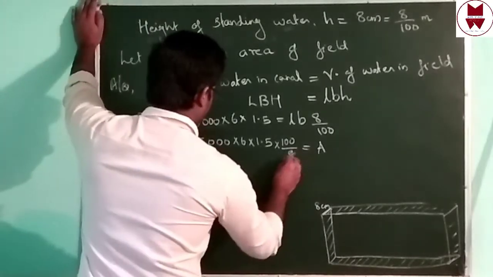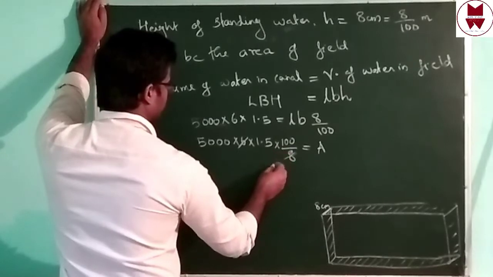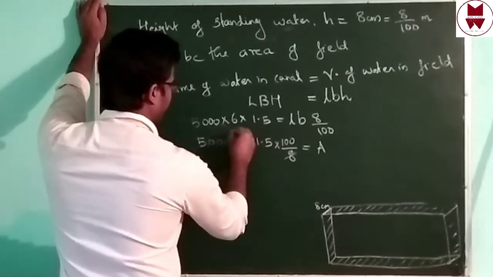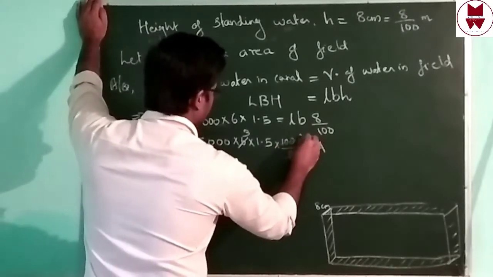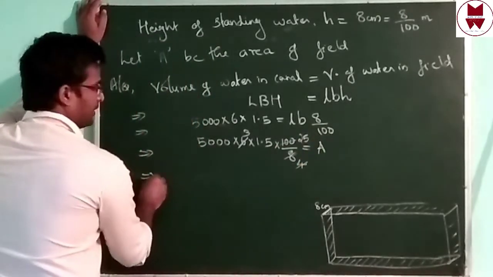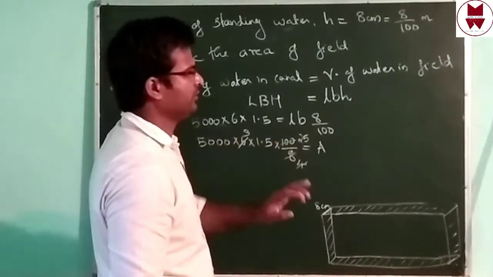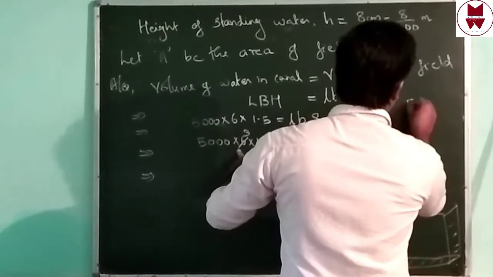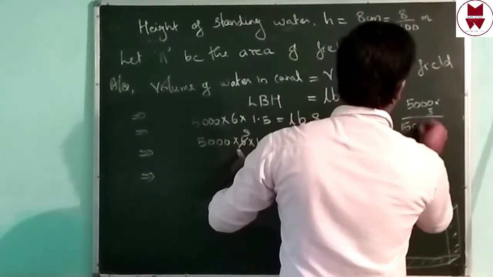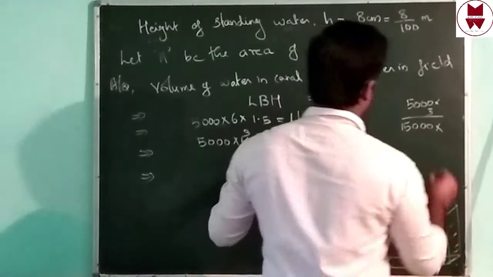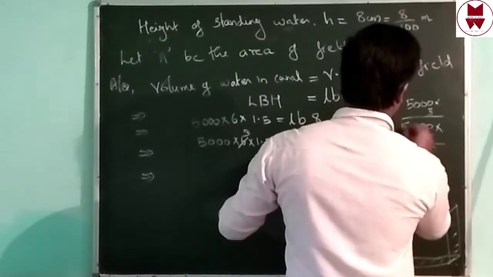We can cancel this 2. What will we get? Using 2 means 3, here 4. Then 4 and 100, 25. Then multiply 5000, 3, 1.5 and 25. 5000 into 3, you will get 15,000, into 1.5.